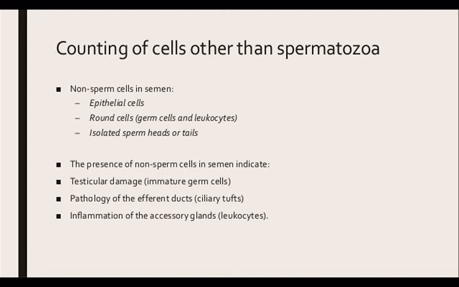The presence of non-sperm cells in semen indicates testicular damage, because of immature germ cells, pathology of the efferent duct, that is ciliary tuft, and inflammation of the accessory glands, that is leukocytes.